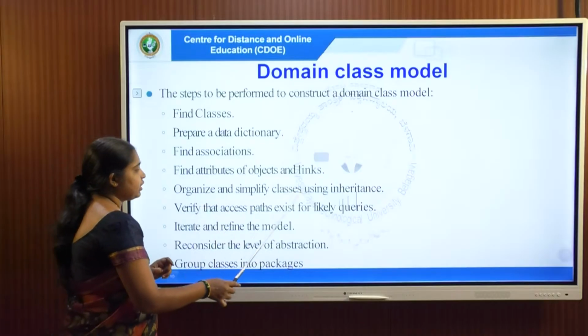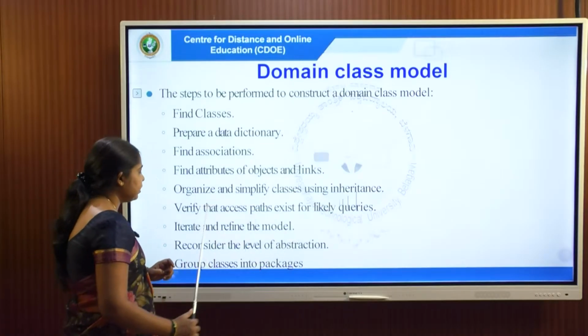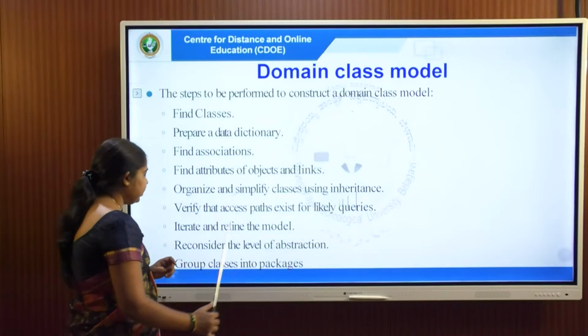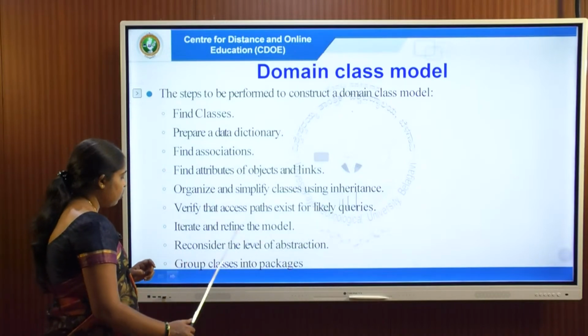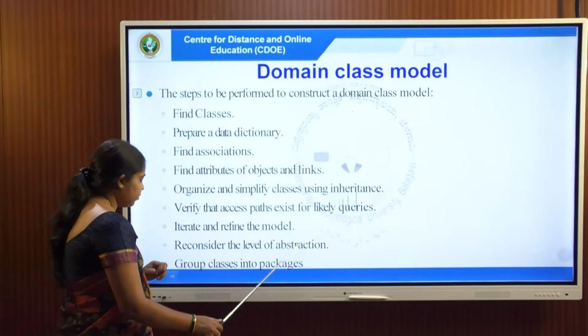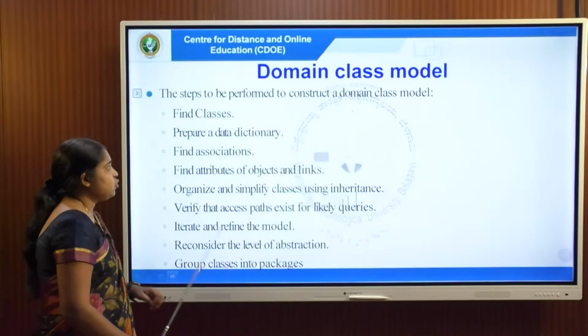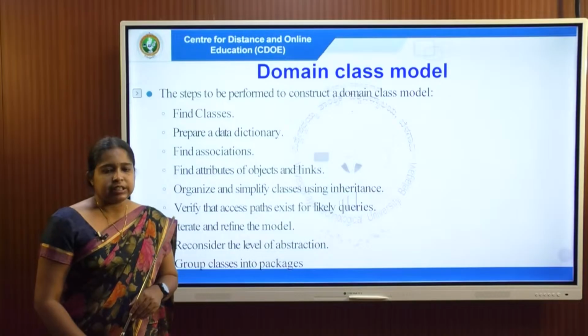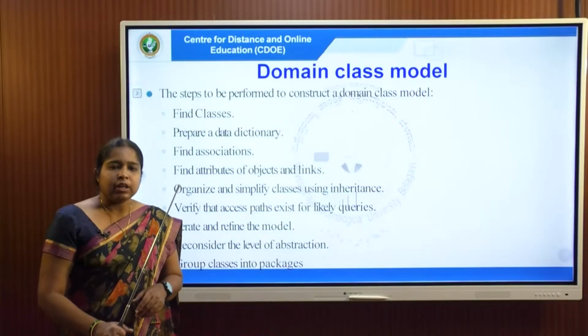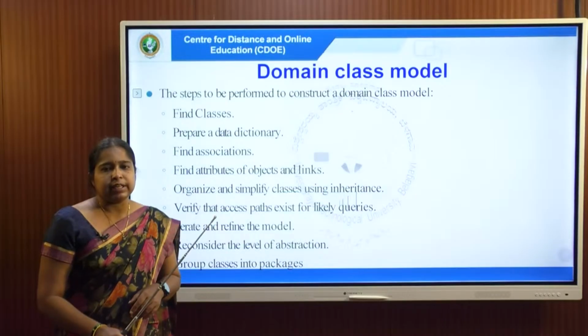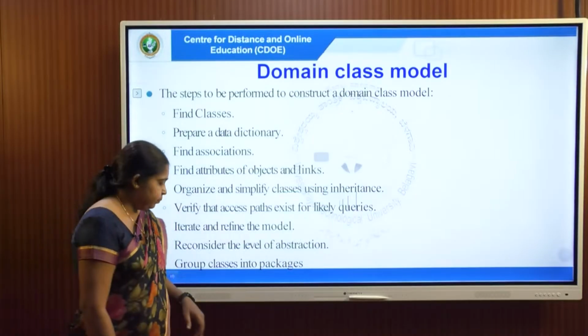Organize and simplify the classes using inheritance. Verify that the access path exists for likely queries. Iterate and refine the model. Reconsider the level of abstraction. Group classes into packages. These are the steps to be performed in order to construct a domain class model. Now we are going to learn these steps in detail along with an ATM case study.